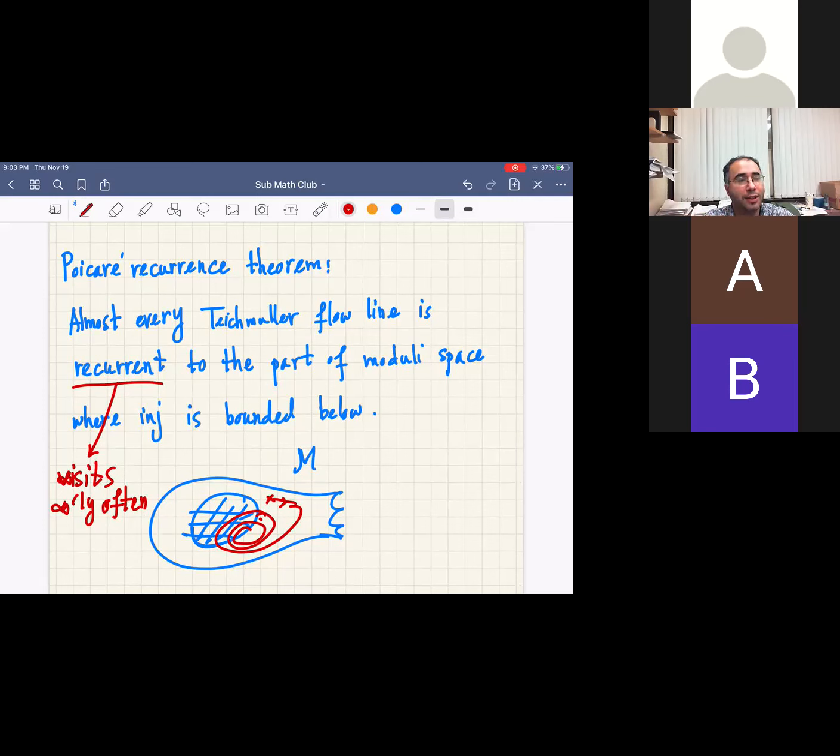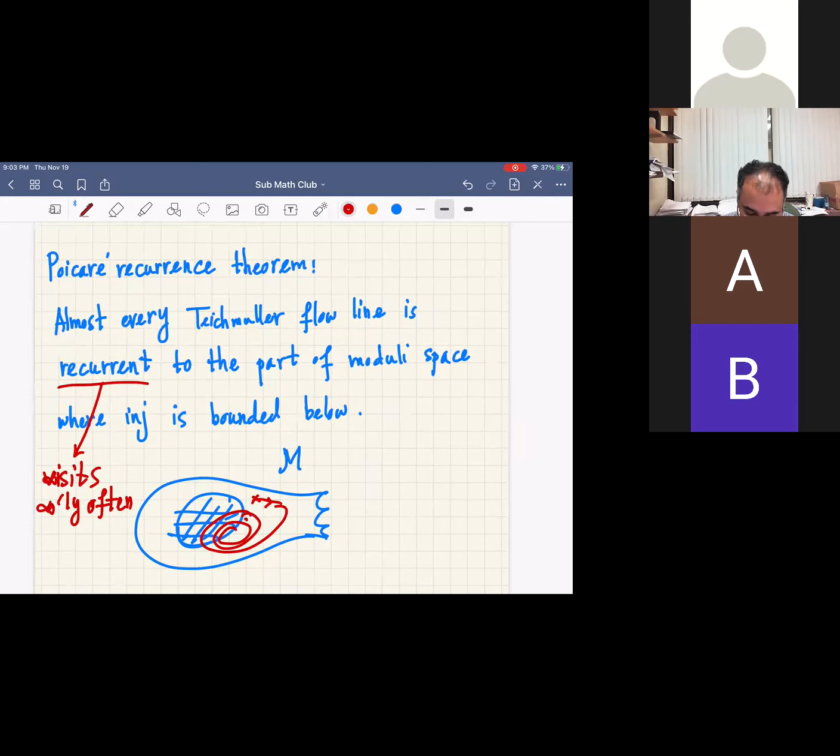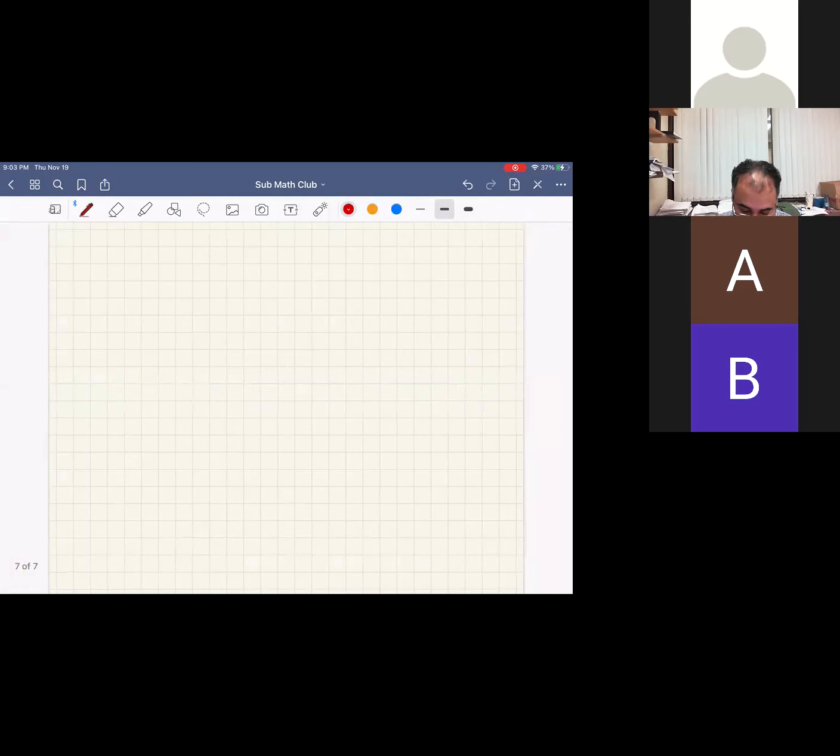Each one of them has some volume, and together they make the volume of this space infinity. So the assumption that this space has finite volume forces the pieces to intersect each other, which means we get this recurrence. This was a sketchy way of saying why it is correct.